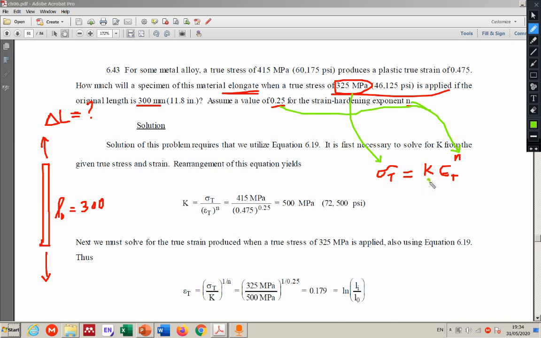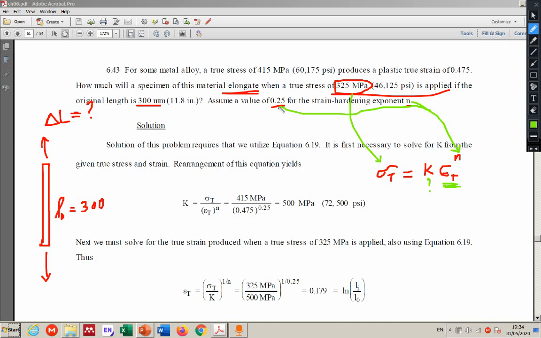K I don't have, and I want to find epsilon T, because we want to find the elongation under this stress. This stress will produce this strain, and this strain will give me delta L. So I'm looking for the true strain in this equation, where I put 325 megapascal, K which I don't know, and n.